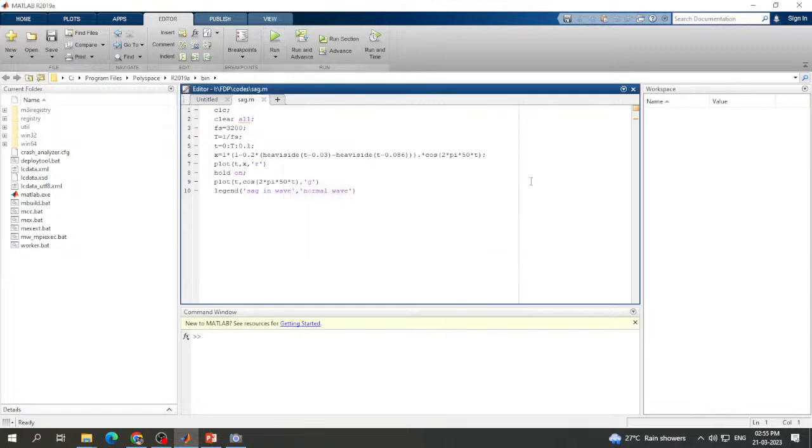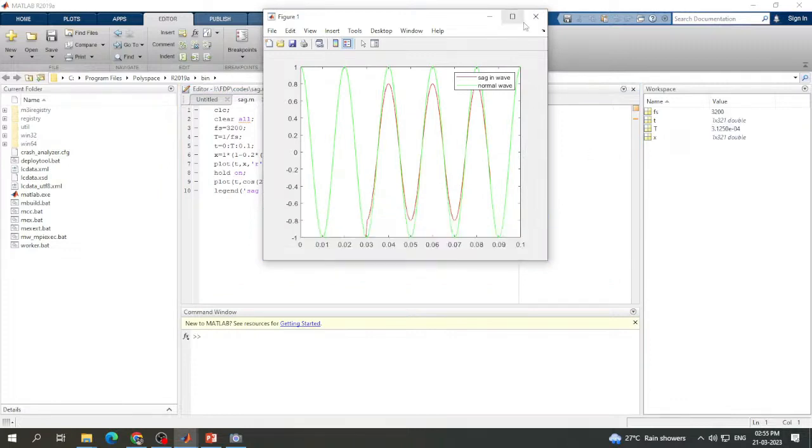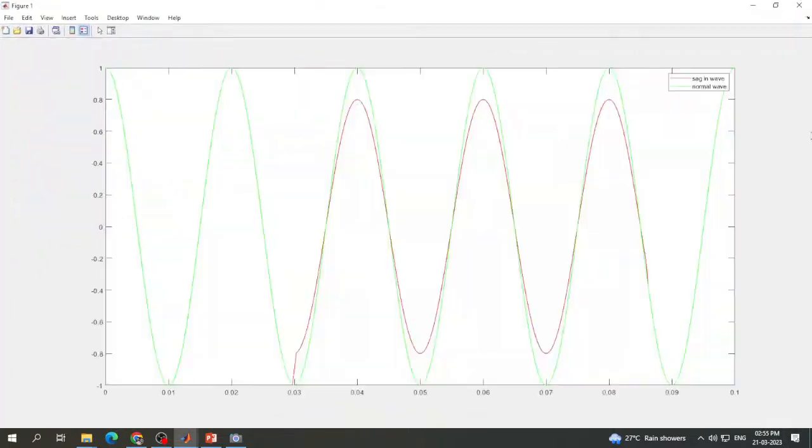Whatever code is there, it corresponds to sag. After execution, it looks something like this.